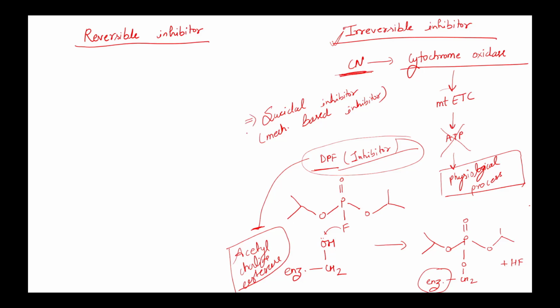One example of a suicidal inhibitor is allopurinol. So these are irreversible inhibitors which cause a permanent effect on the enzyme and cannot be reverted back.